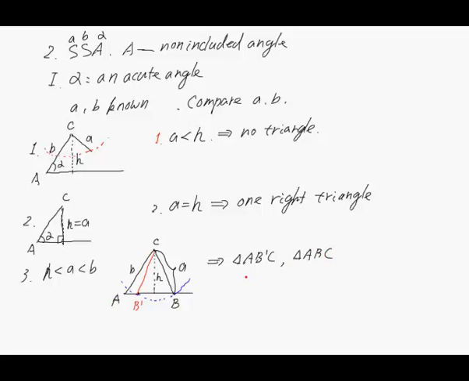Okay, so two triangles. And this happens in the case that A is greater than H but less than B. So this is the most difficult and ambiguous case. Okay, so this is the first subcase when this alpha is an acute angle.